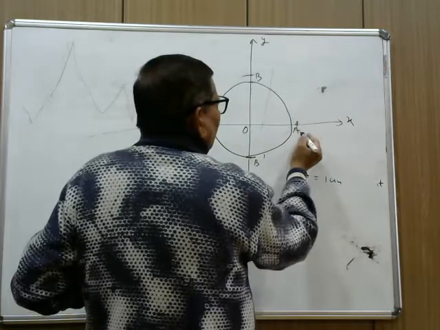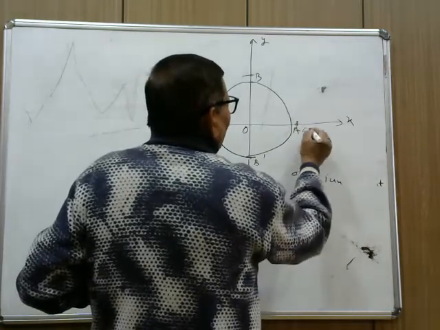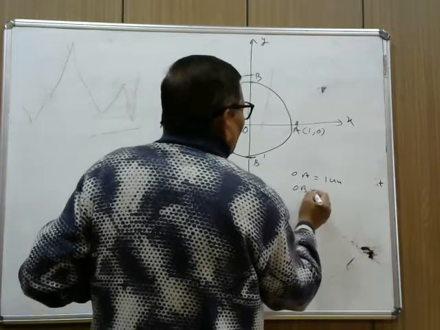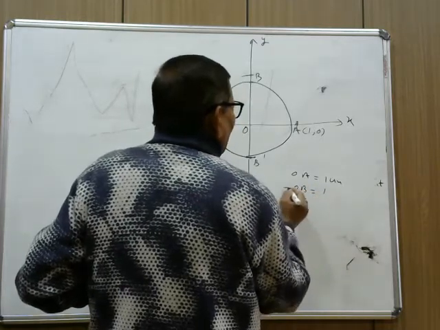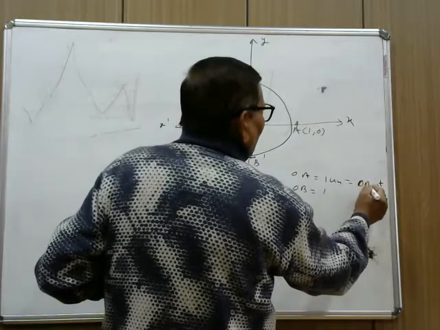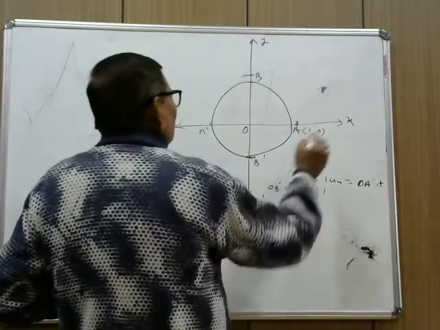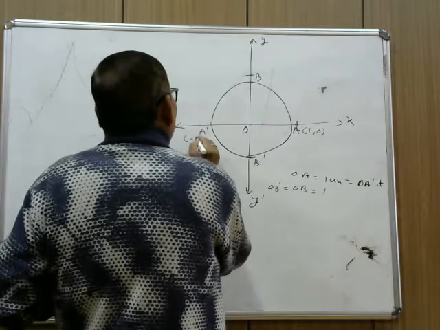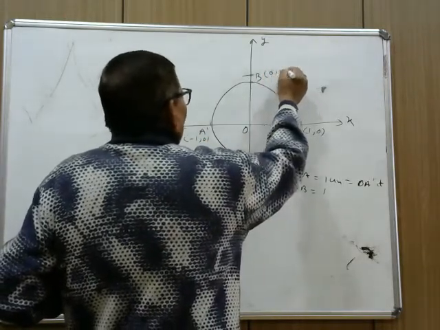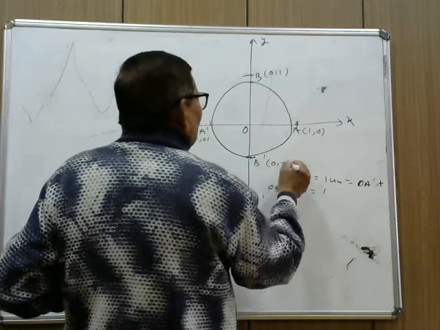If OA is 1, so it is (1, 0). The length of OB is 1, that is same as OB dash, and this is same as OA dash. So this is (1, 0), your A dash is (-1, 0), and B is (0, 1), and B dash is (0, -1).